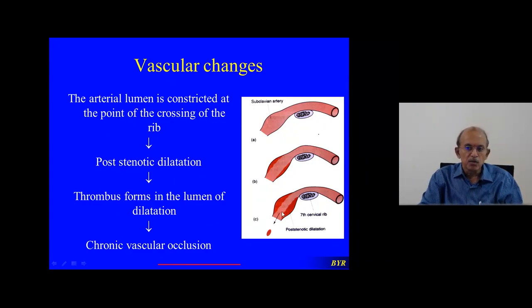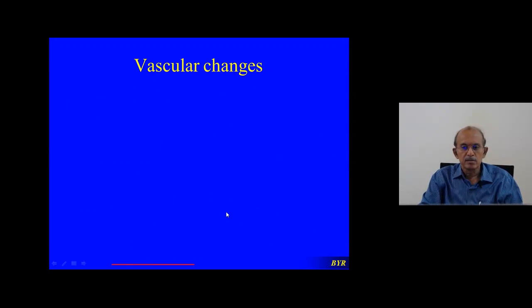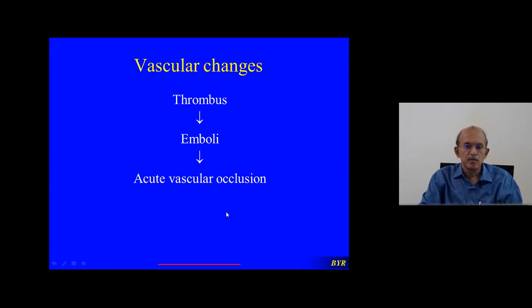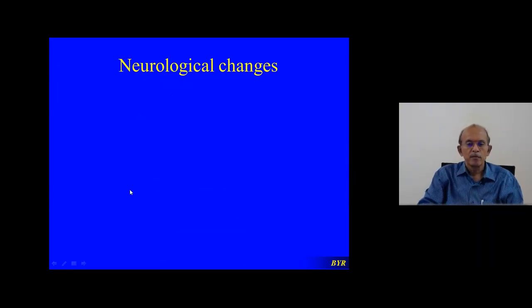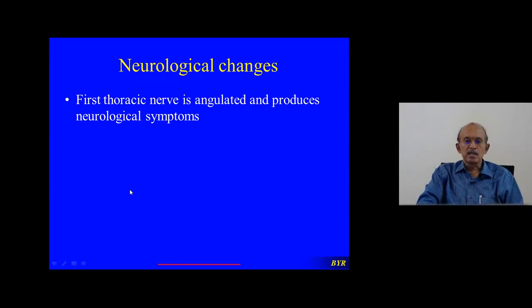Sometimes emboli may dislodge from this thrombus, and that embolus can cause obstruction distally. So that may produce acute vascular occlusion. Neurological changes: the first thoracic nerve is angulated and produces neurological symptoms.